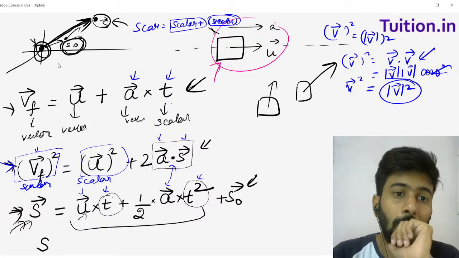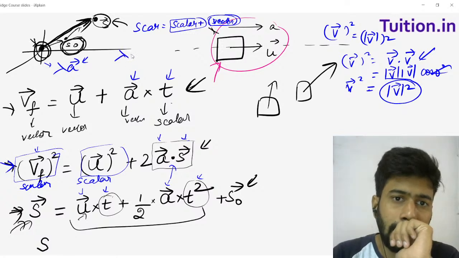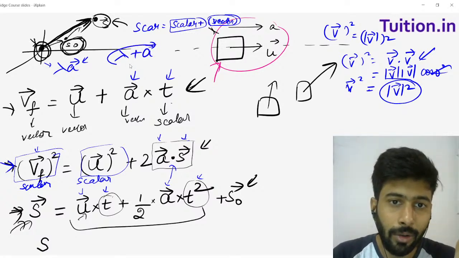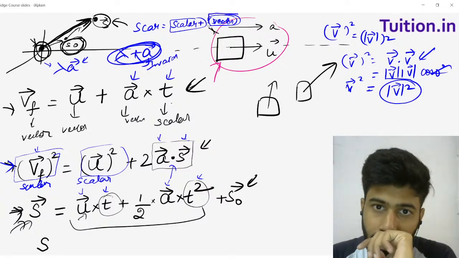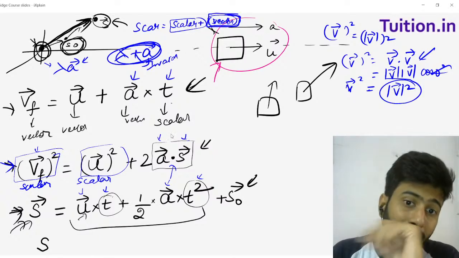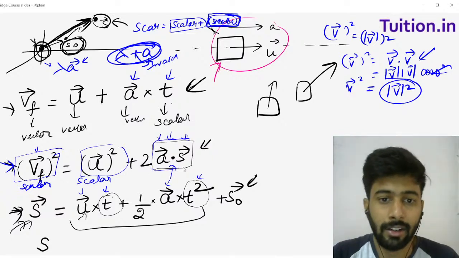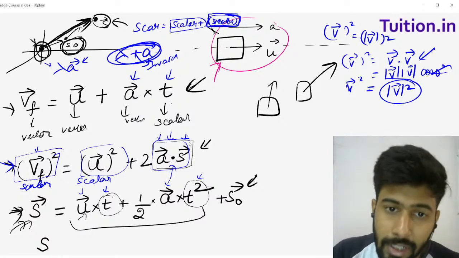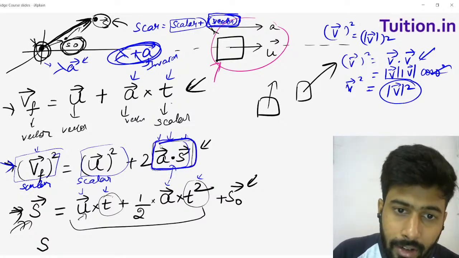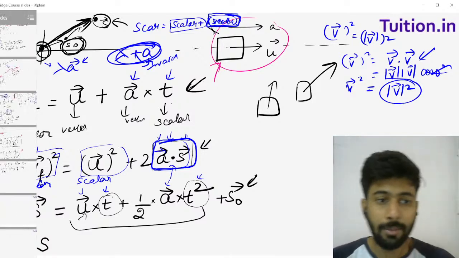No. You had lambda a bar where scalars and vectors are multiplied, but did you have lambda plus a bar? No, this is invalid. This is not allowed. So that's why this quantity also has to give you a scalar. And if you took a bar cross s bar, then you would get a vector as a result, correct? So then that would become wrong. That's why, because you need a scalar from here, I'm taking the scalar product, dot product of a and s. Okay, I hope that helps.